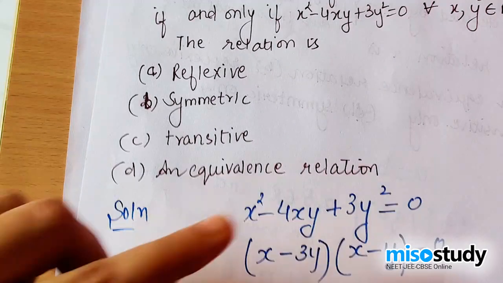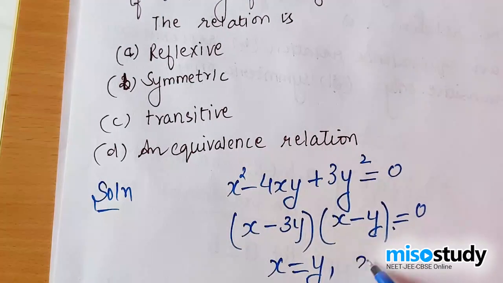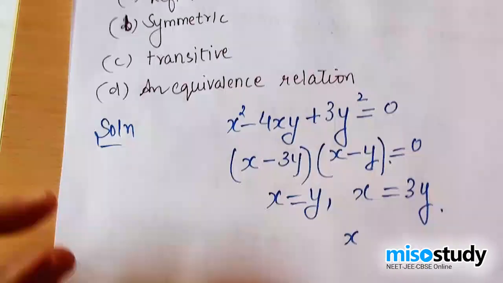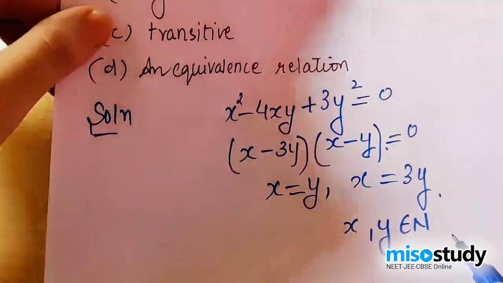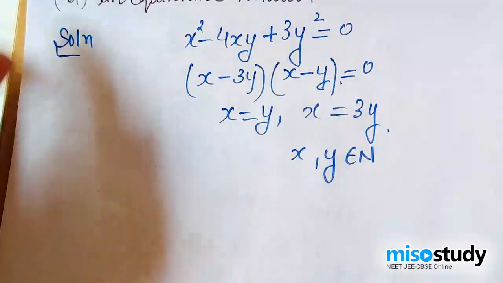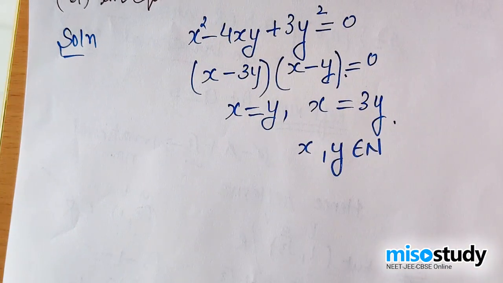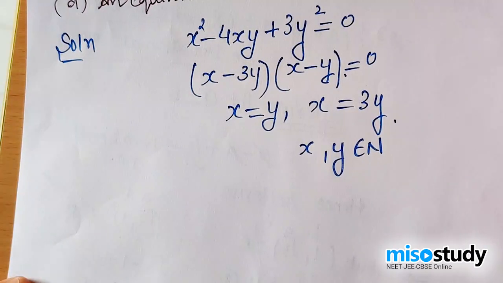So for this to be 0, you should have x is equal to y, or x is equal to 3y, and your (x, y) belongs to N. So are you understanding the point? Your (x, y) belongs to N, and x should be either equal to y or x equal to 3y, because we are told that there is this relation for which this should be equal to 0, and this is 0 under two conditions: when x is equal to y and when x is equal to 3y. Alright, and (x, y) belongs to N, the set of natural numbers.